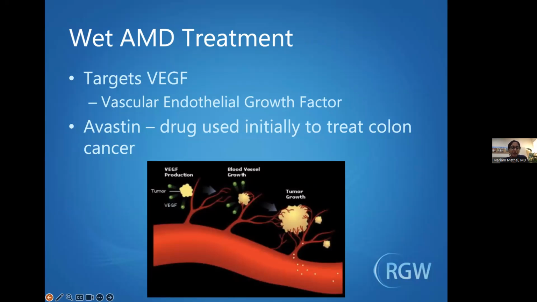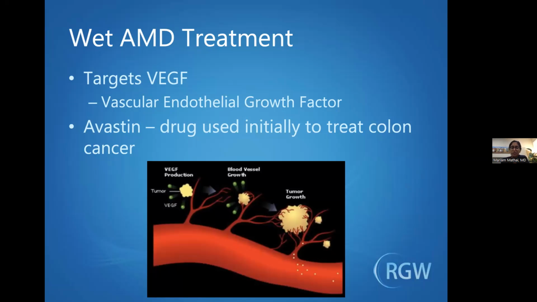So thankfully, we do have treatments for wet age-related macular degeneration that work really, really well as long as it's caught early. These medicines target a molecule called vascular endothelial growth factor. This type of medicine is a type of chemotherapy drug.